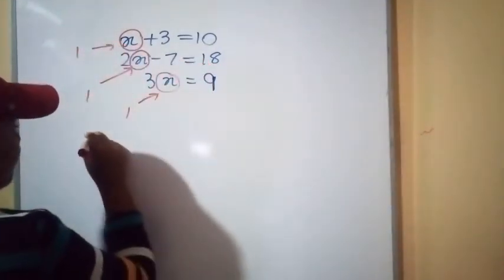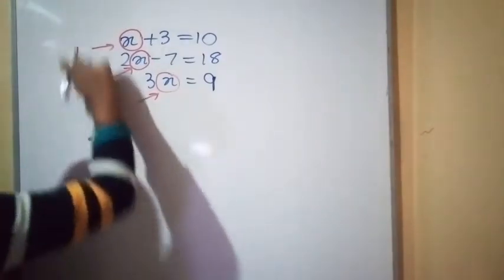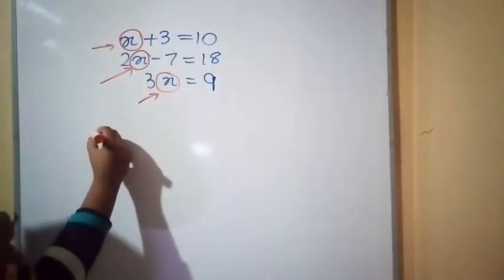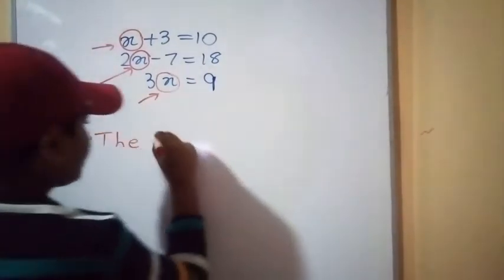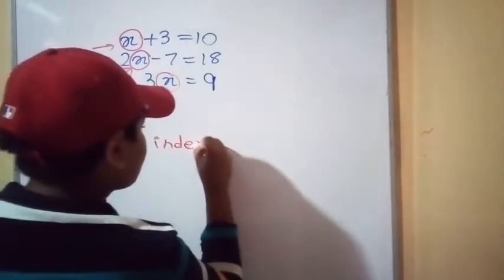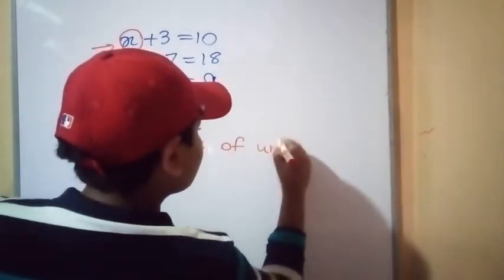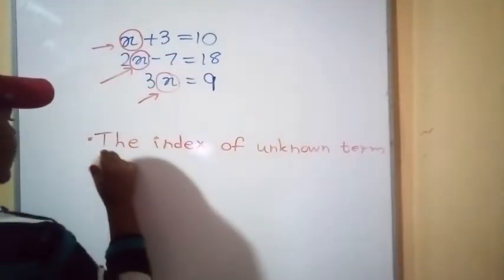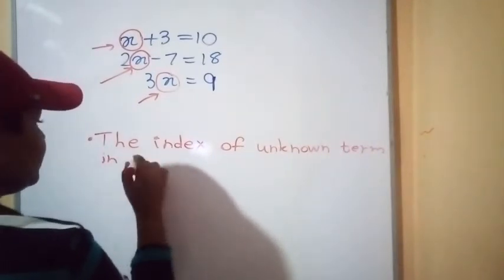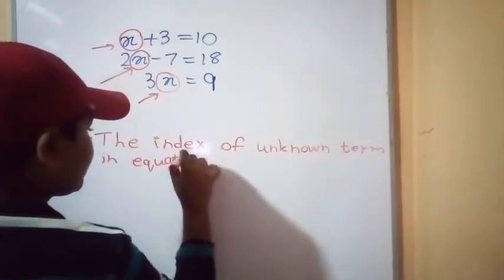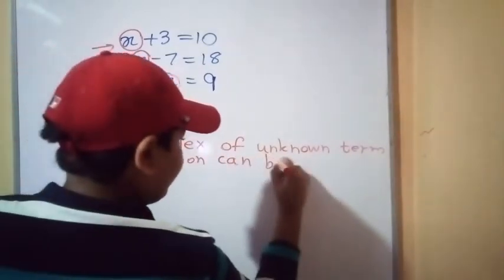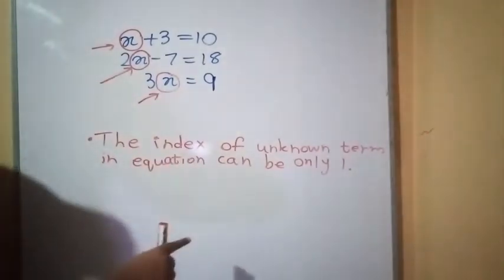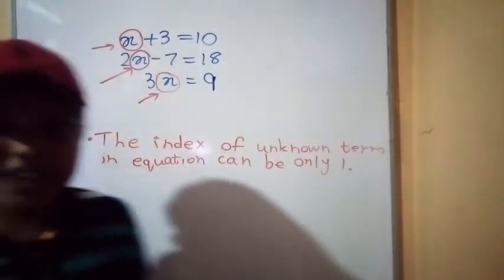Now you can give properties. The first property: the index of the unknown term in an equation can be only 1.